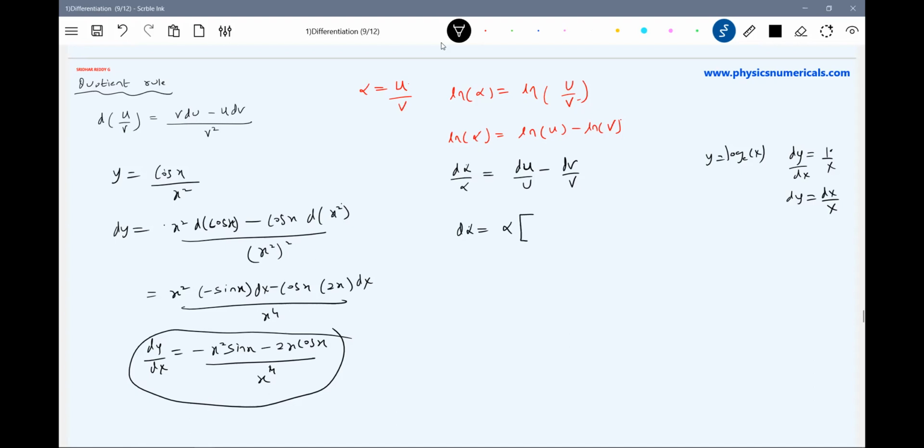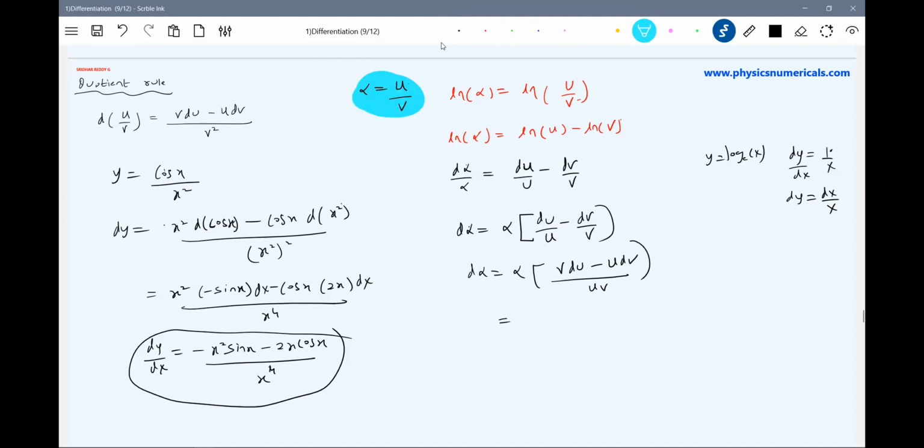So this will be du by u minus dv by v, which is v du minus u dv by uv. What is alpha in turn? What we assumed alpha is u by v. u gets cancelled, so I'll end up with v du minus u dv by v square.